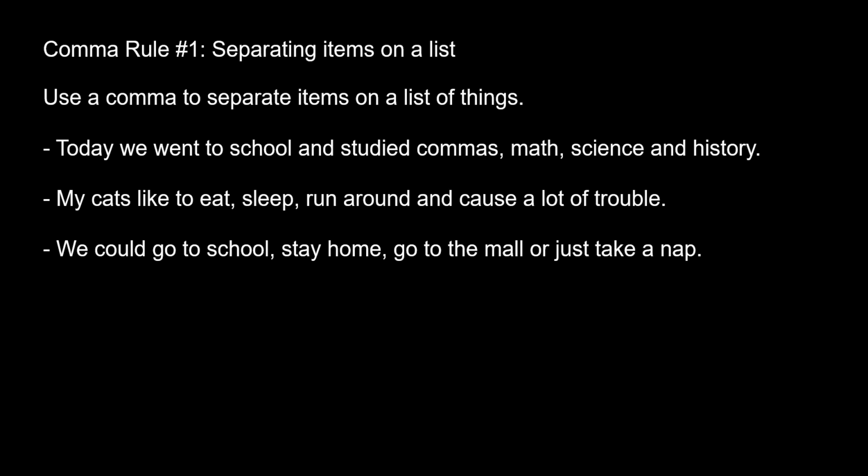We could go to school, stay at home, go to the mall, or just take a nap. So between each of those items, I put a comma, right? Very simple. When you have a list of things, in the first sentence, commas, math, science, and history, you put a comma between each one. All right, so that's what you do for separating items on a list.